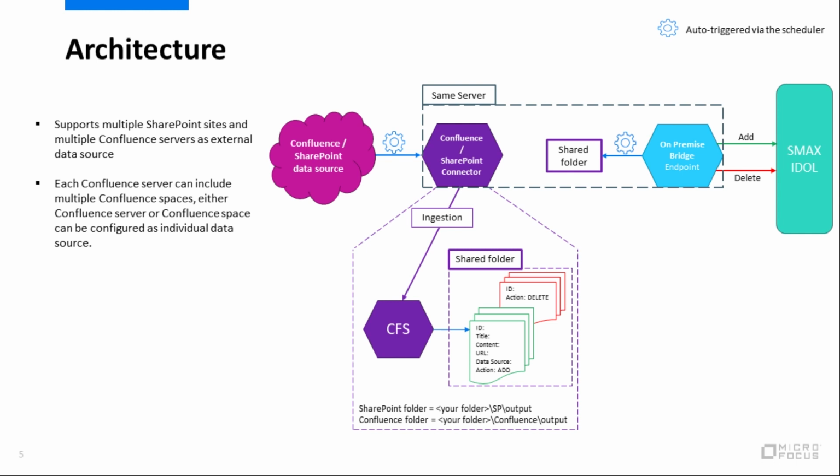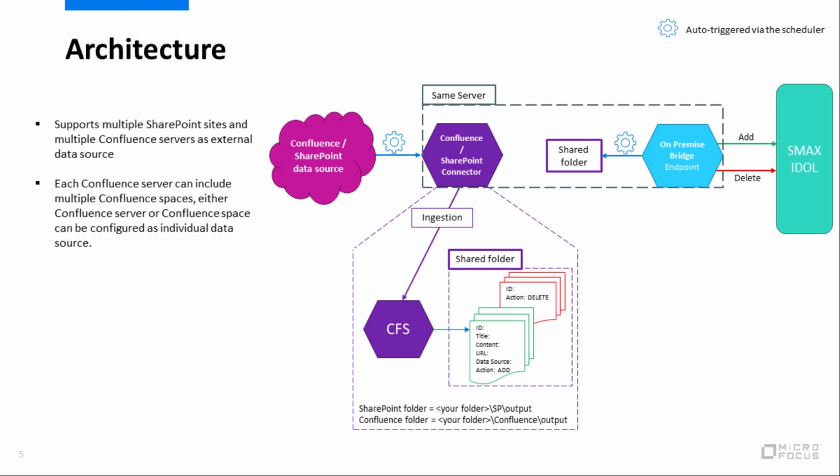With the connector, the system automatically installs the component in the big house in the middle of the screen, with the CFS in between. The Confluence or SharePoint connector generates a shared folder on this server, where the updated data from the SharePoint or Confluence data source is ingested.